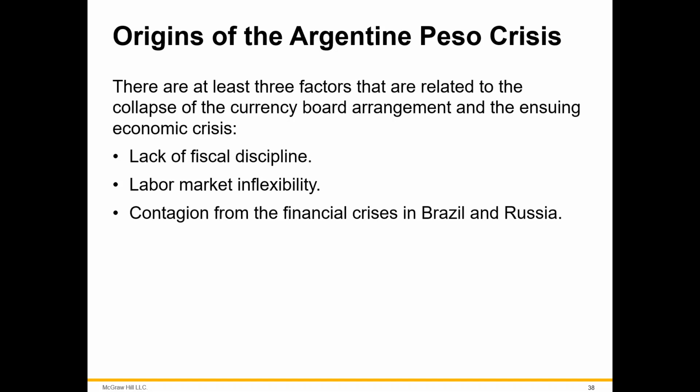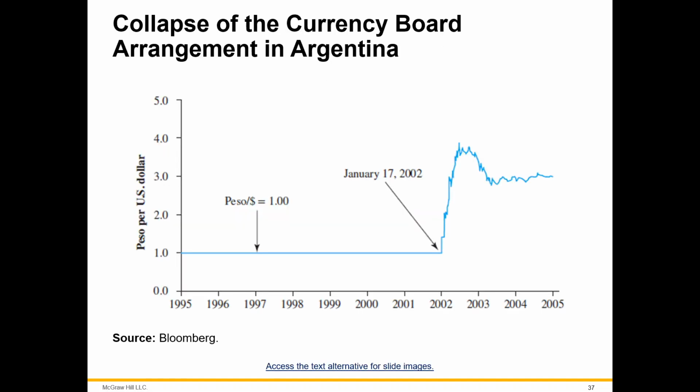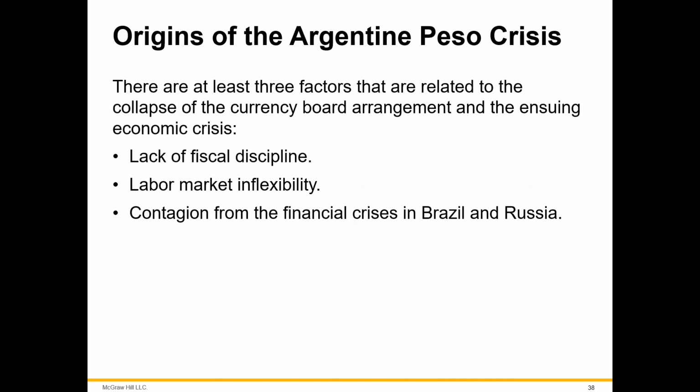If you have lots of sovereign debt and significant budget deficits, the desire politically to monetize that debt will always be there. And so the government not having fiscal discipline meant that maintaining the peg was less plausible politically, and a labor market inflexibility, right? Just the systemic issues with economic policy in Argentina.